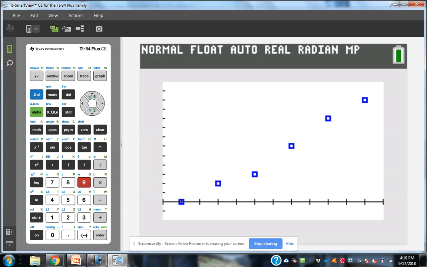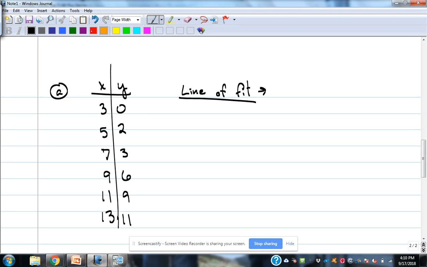And if I did that, if I picked the points 5, 2, and 9, 6 on my table. If I pick those two and connected those with a line on my graph, it gets pretty close to all of them. May not be perfect, but it gets real close. So that's the two that I'm going to use to get my line of fit. So the first thing you need to find when you find a line of fit is find the slope.